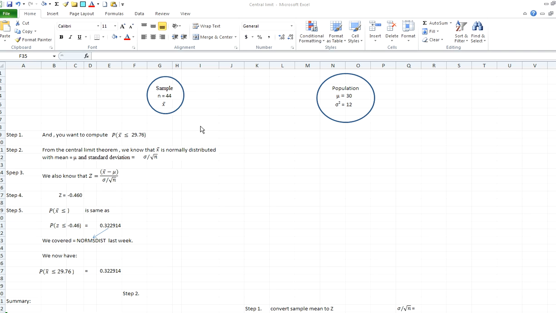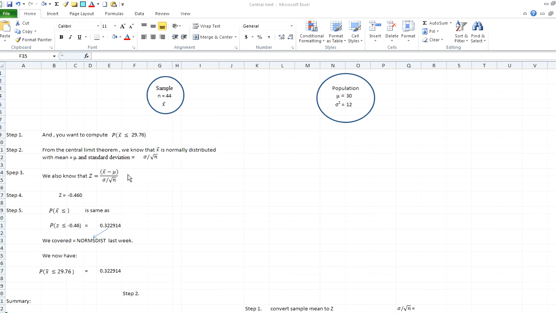So it tells you that regardless of the form of the population distribution, you can always figure out the form of the distribution of x bar. And from there you can convert that into z, the standard normal distribution.